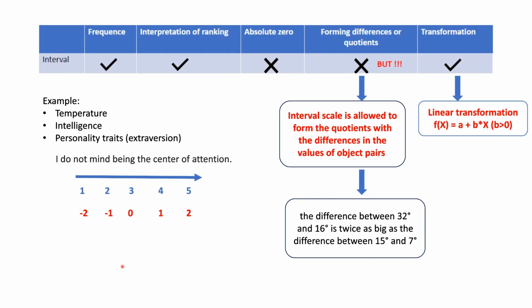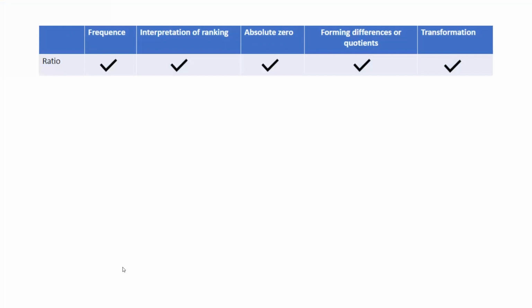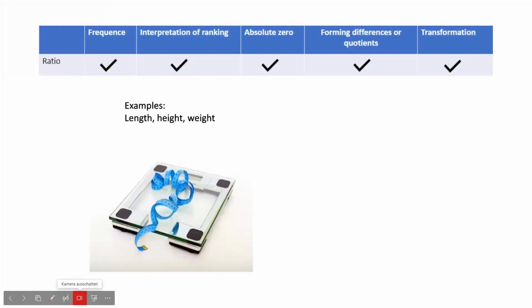And the next one is the ratio scale. What is the ratio scale? For example, length, height, and weight are ratio scales. As you can see, in the ratio scale we have all the information. We can interpret the ranking, and there is an absolute zero, so that we can form differences or quotients.